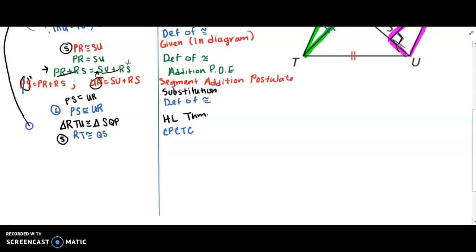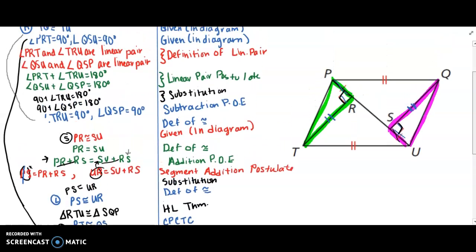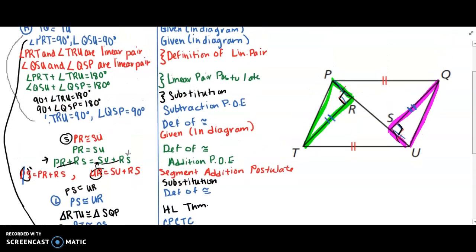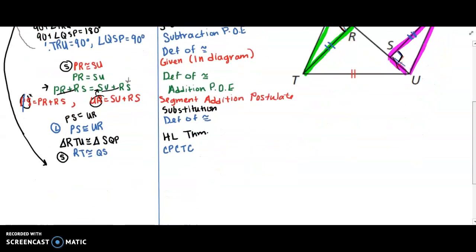Well, if they're both equal to 90 degrees, doesn't that mean that they are congruent? So angle PRT is congruent to angle QSU by the definition of congruent.